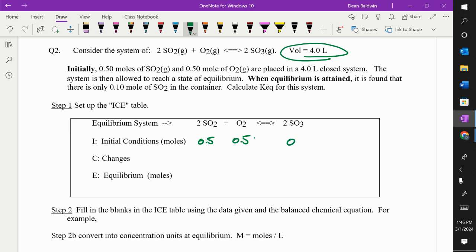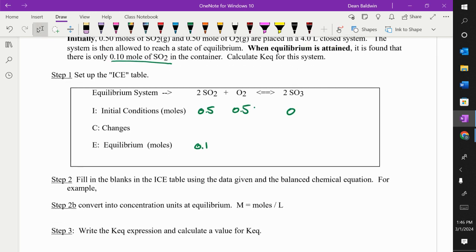Okay. When we get to equilibrium, we only have 0.1 moles of SO2 left. So how did we get from 0.5 to 0.1? We lost 0.4. Perfect.